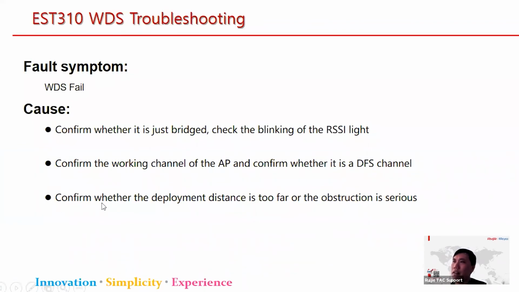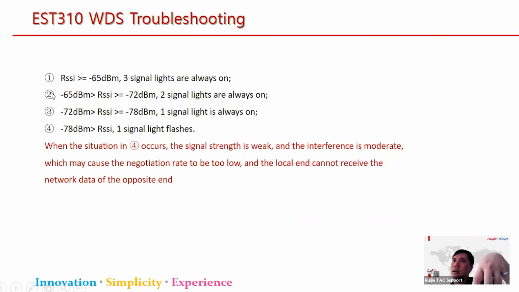So on the next slide I will talk about what the DFS channel problem is. And then the third check is to confirm whether the deployment distance is too far. Maybe in the middle there is a very serious obstruction blocking your signal. Based on the RSSI indicator, you can refer to this table. 3 signal lights always on means the RSSI is greater than -65 dBm.